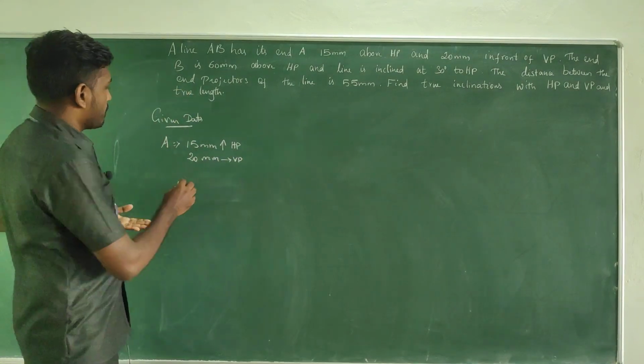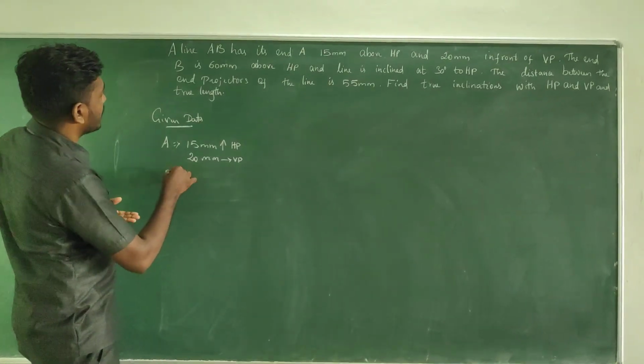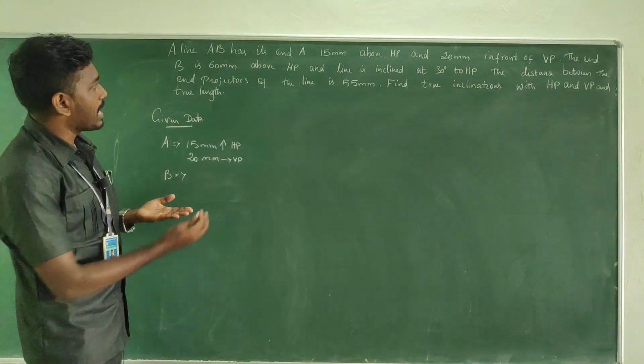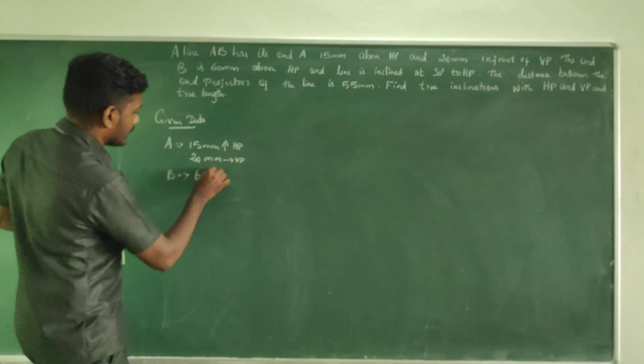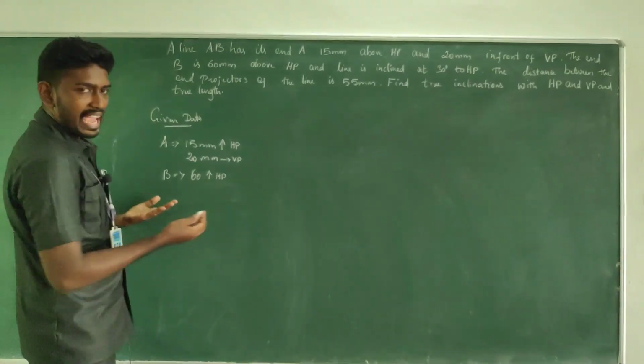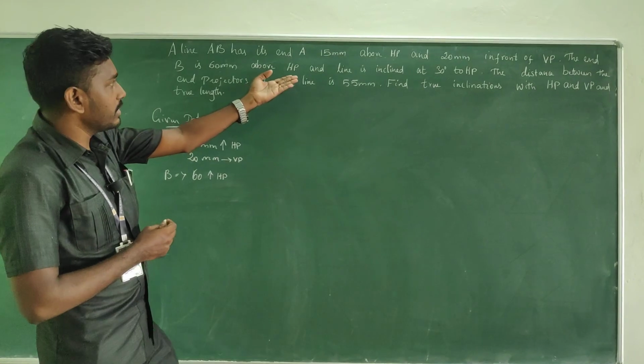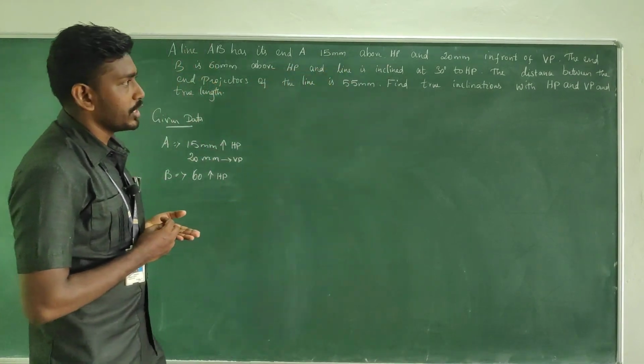The end B is specified 60 mm above HP. In front of VP is not mentioned, and the line is inclined 30 degrees to HP.